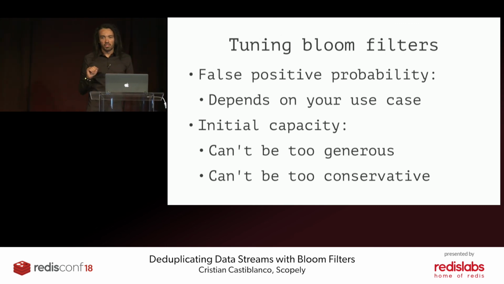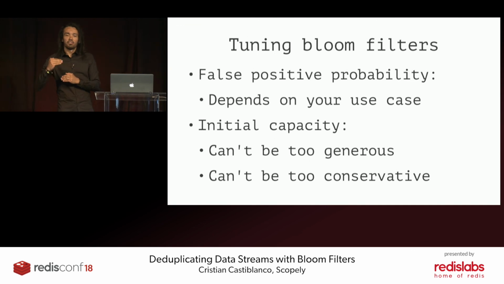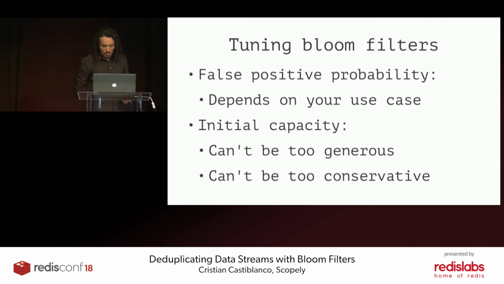Now, if you're too conservative, on the other hand, your filter is going to keep scaling and scaling, and that's going to introduce latency, and it's probably going to give you, at the end, again, more space than what you need. So you need to know your data, basically.